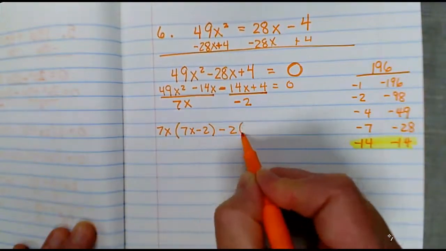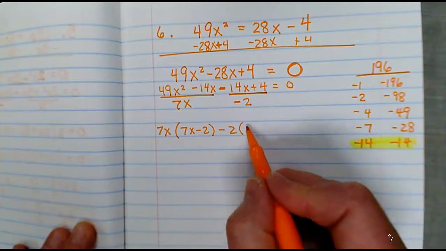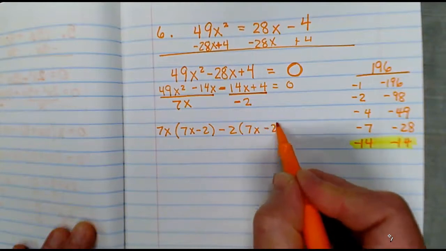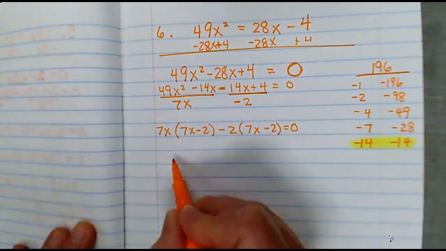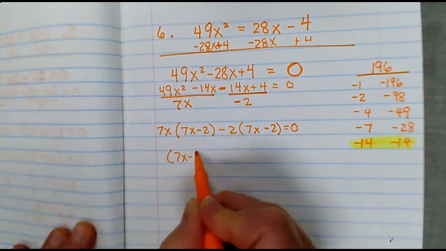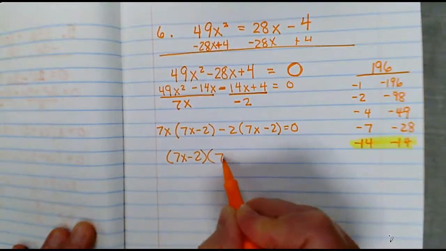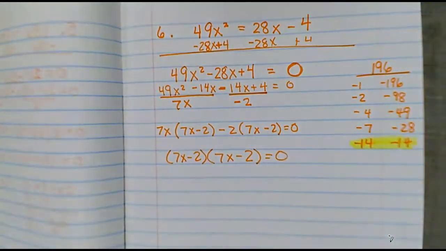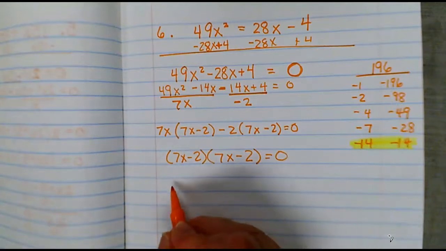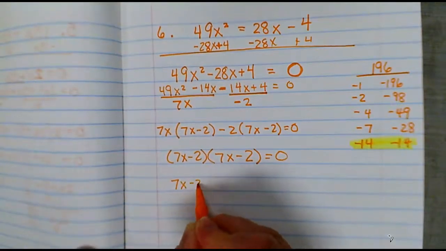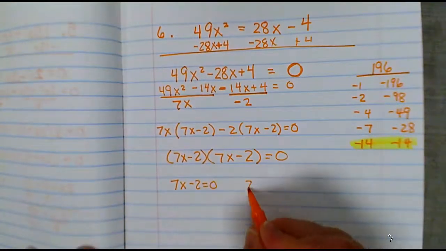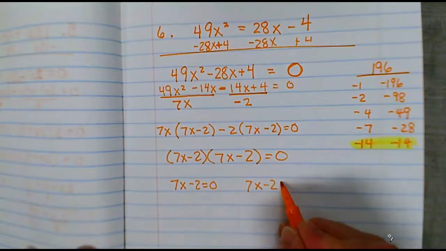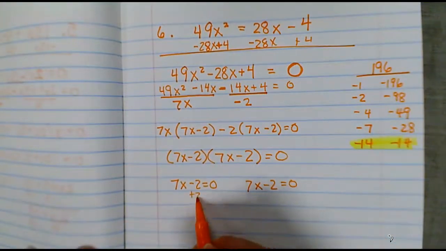We factor out a 2. So 7x minus 2 equals 0.